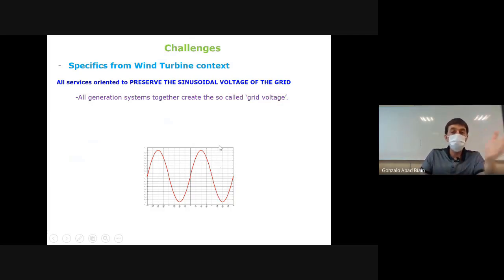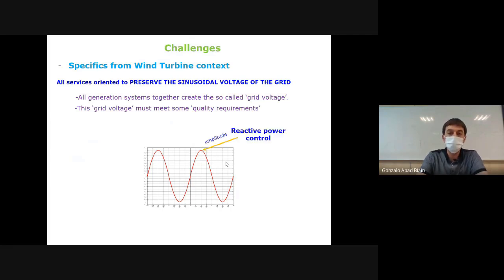And we need to do something in order to maintain this voltage in a constant way. So there are some quality requirements. The first one is obvious. The amplitude should be maintained within some margins. Okay?